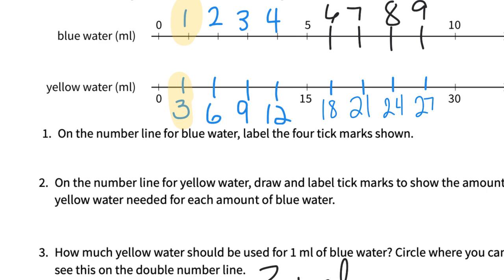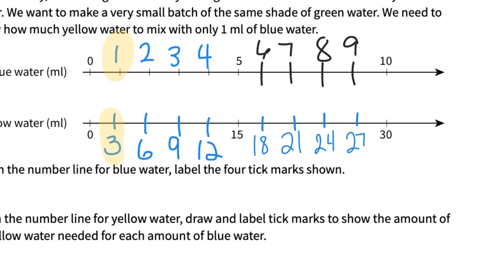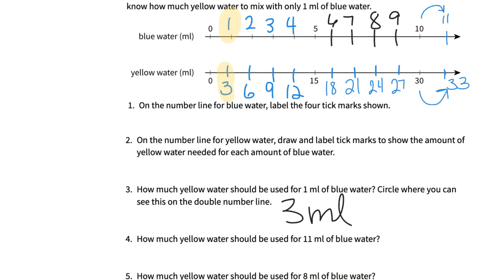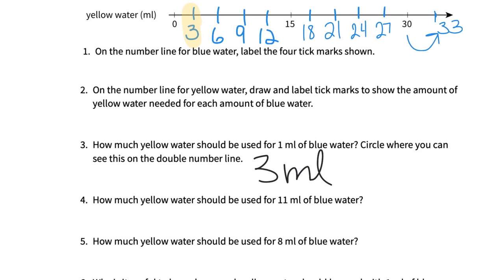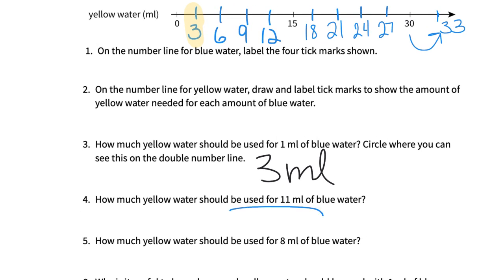And if we go up to 11, we've added 1 more blue. So what are we going to do down here? We're going to have to add 3 more, and that gives us 33. So question 4, how much yellow is needed for 11 blue? Well, we're going to need 33 ml of yellow.